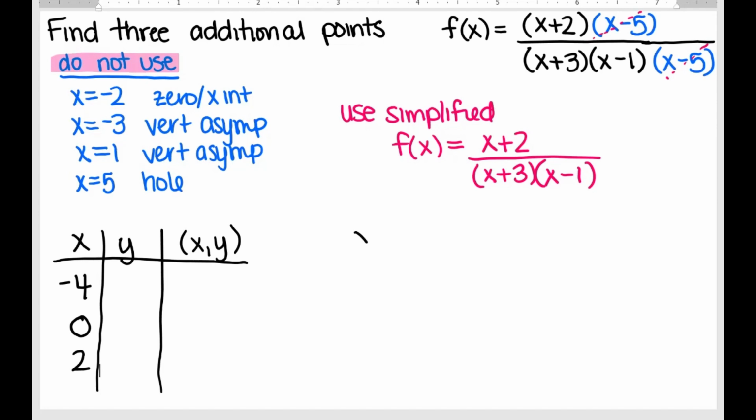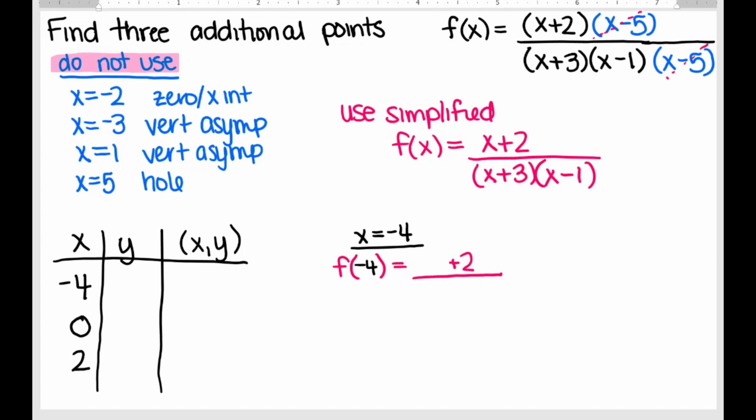So let's find out what we get when x is equal to -4. And remember, I just pulled these numbers out from wherever I want, except for the do not use buttons. So I'm just going on either side of my vertical asymptotes. So we're going to plug in -4 wherever we see an x in our original simplified function.